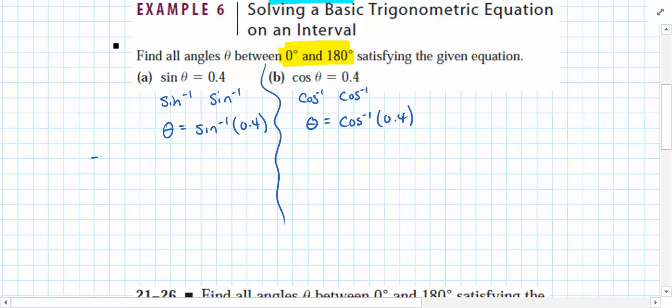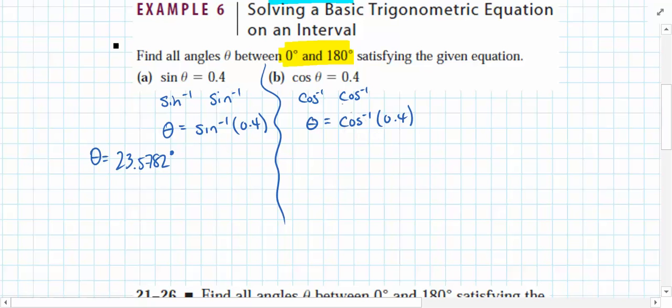So theta can be equal to 23.5782. Now, that's just one of our theta measurements that has 23.5782 degrees to it. There might be more between 0 and 180. We'll revisit that in just a second.